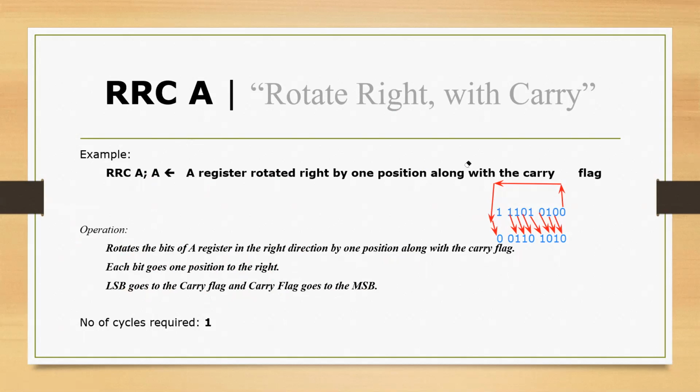So this one is going to the MSB. We can write it as. So here the LSB is going to the carry flag. So the carry flag will get the value 0. And the carry bit is going to MSB, that is 1 here. You can write 1. And every other bit is shifted by one position.